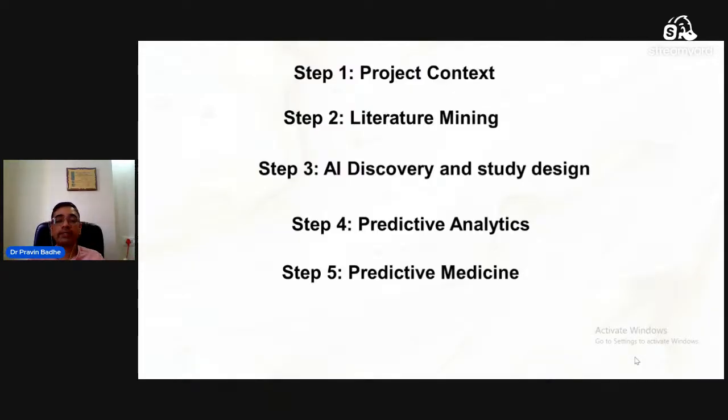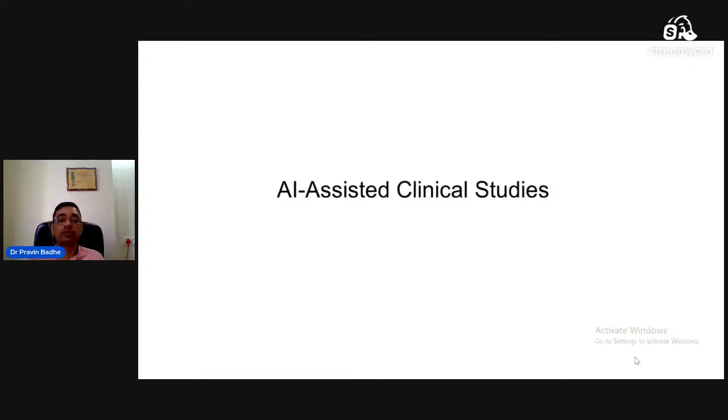In our case, it was clinical, so we went for AI assistant clinical studies, with similar logic to what we used for initial basic research. We used that for clinical studies as well, even for preclinical, clinical, pharmacovigilance, and regulatory affairs. I told you that we have got tools for that, so that way we can take the complete product to the market.